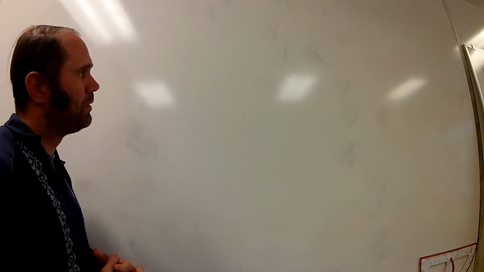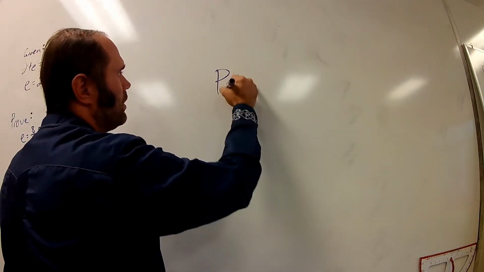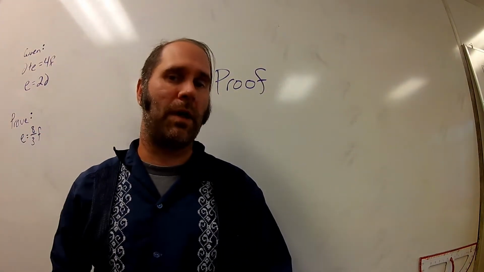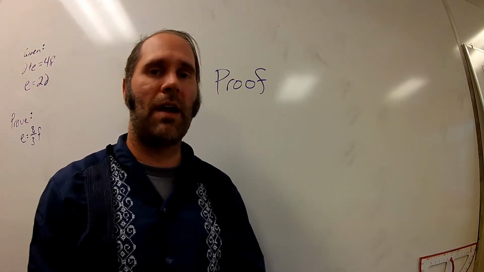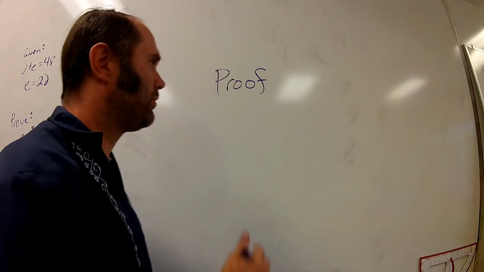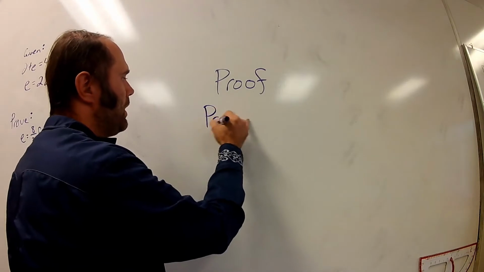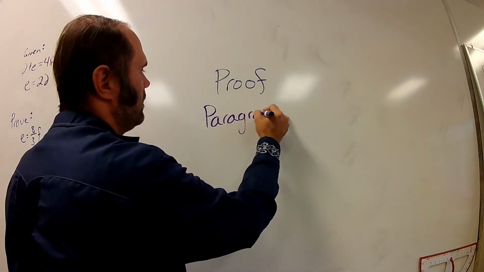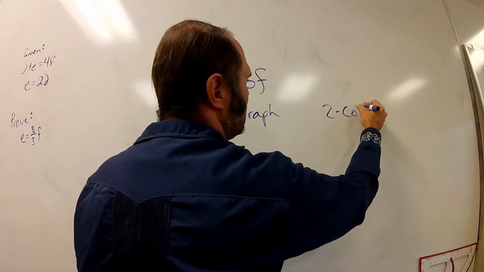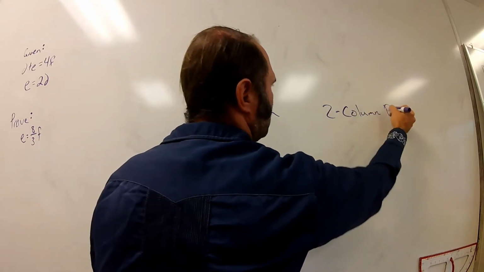A proof can be written out as a paragraph. So you can write a paragraph proof or what's called a two-column proof. So there are two types: there's paragraph and there's two-column proofs.